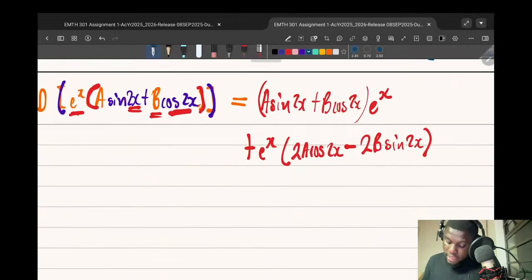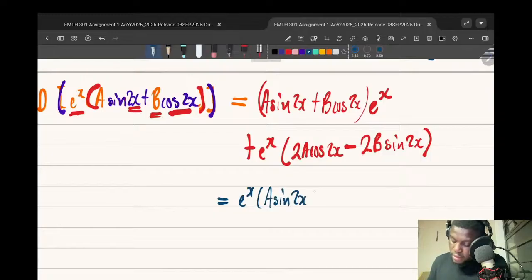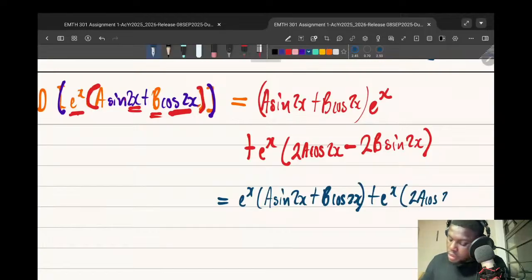So we'll actually get it as equal to, we will have e to the x, it will multiply a sine 2x plus b cos 2x. Then we have plus e to the x, it will be now 2a cos 2x minus 2b sine 2x.